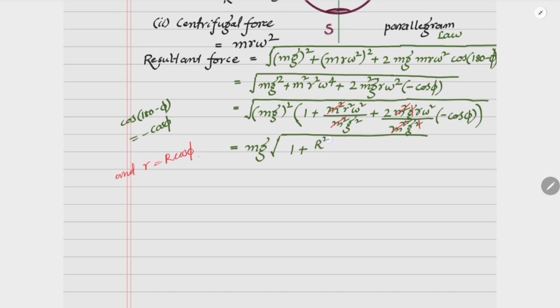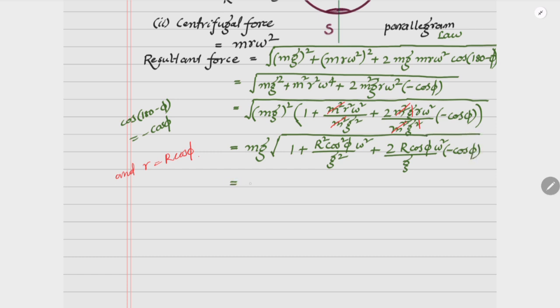So now we can write r square cos square phi omega power 4, and g square plus 2r omega square, with minus in front, cos phi, omega square by g into minus cos phi.